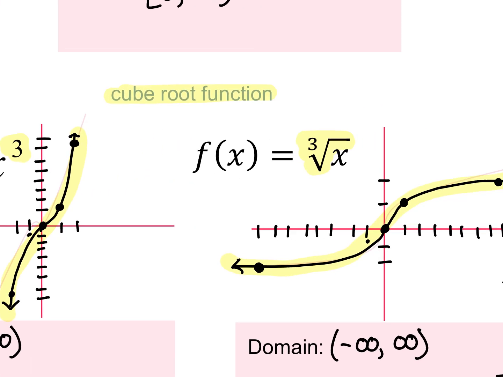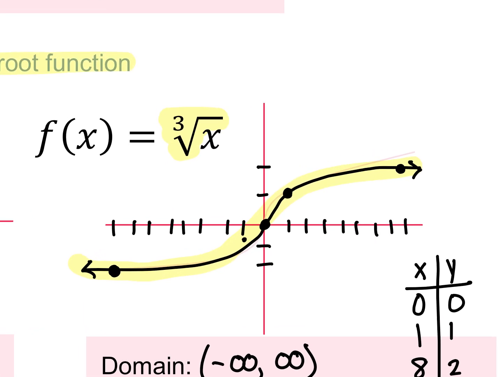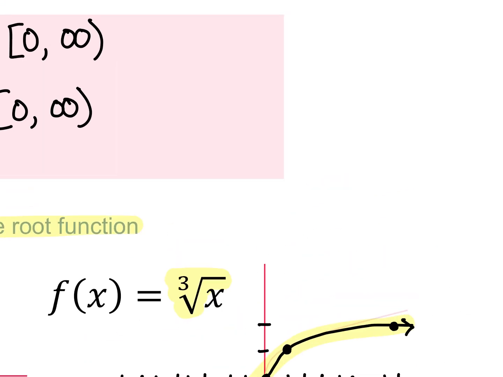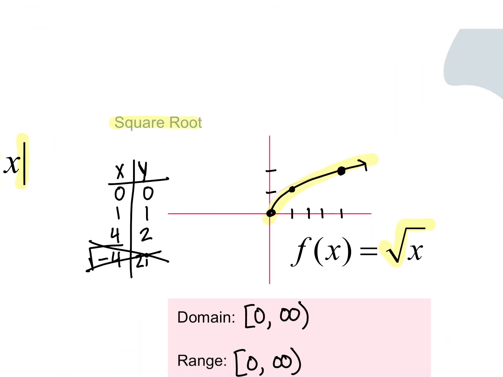Same thing with your cubic root function. I need to at least see -1, 0, and 1. And then you could graph it accordingly how you want. And then your square root, same thing here, but this one only has 0, 0, and 1, 1. So I have to see those. Why do I have to see those?